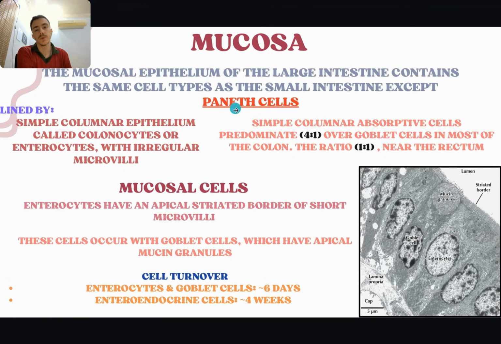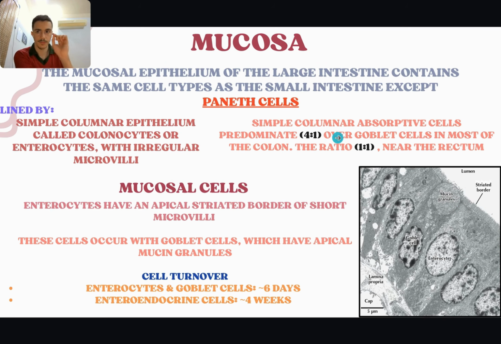The mucosal epithelium of the large intestine contains the same cell types as the small intestine except the Paneth cells. So there is no innate immunity or Paneth cells in the mucosa of the large intestine. It's lined by a simple columnar epithelium called colonocytes or enterocytes with irregular microvilli, as you can see here.